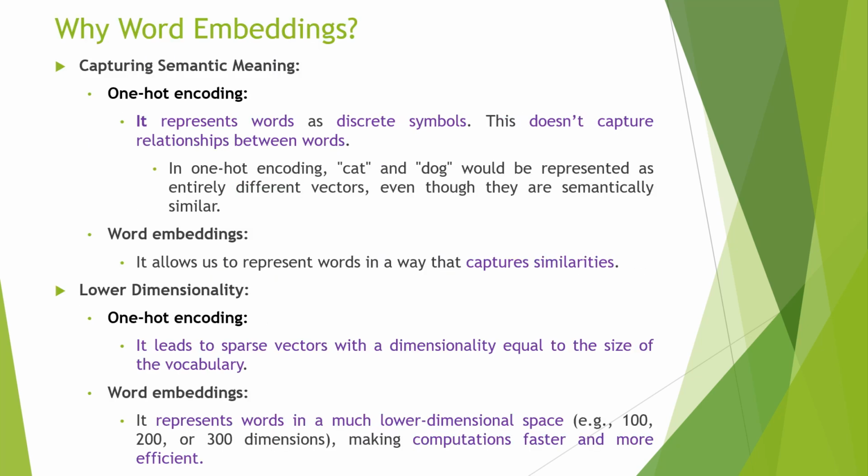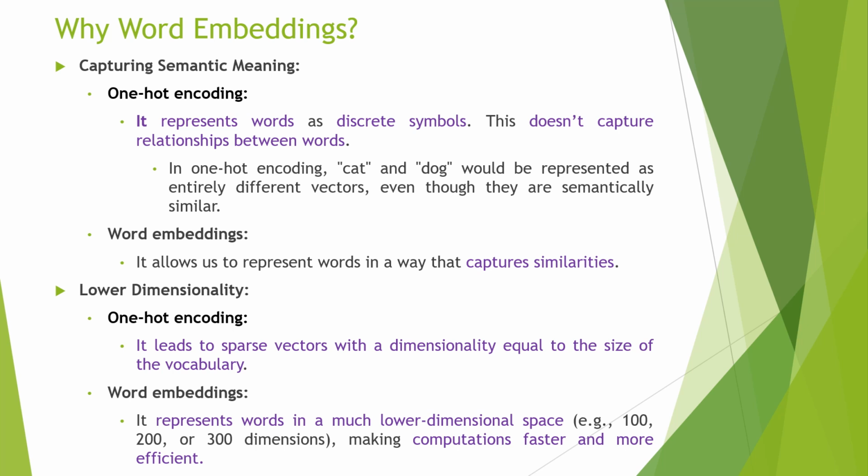Now, you should understand why we use this technique. If you compare one-hot encoding with word embeddings, one-hot encoding represents words as discrete symbols, discrete vectors, and does not capture the relationship between words.